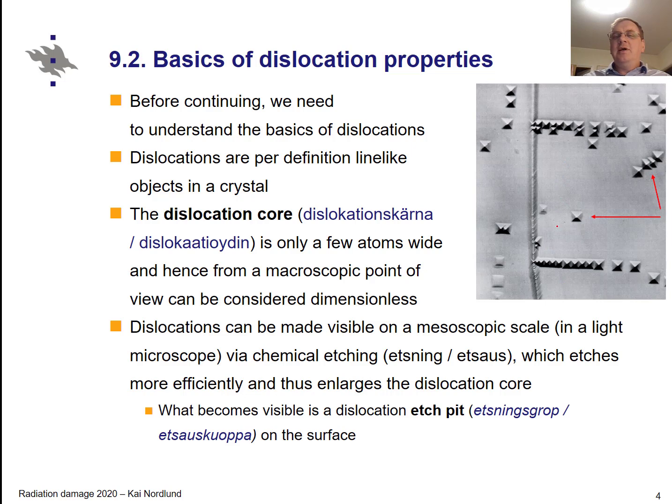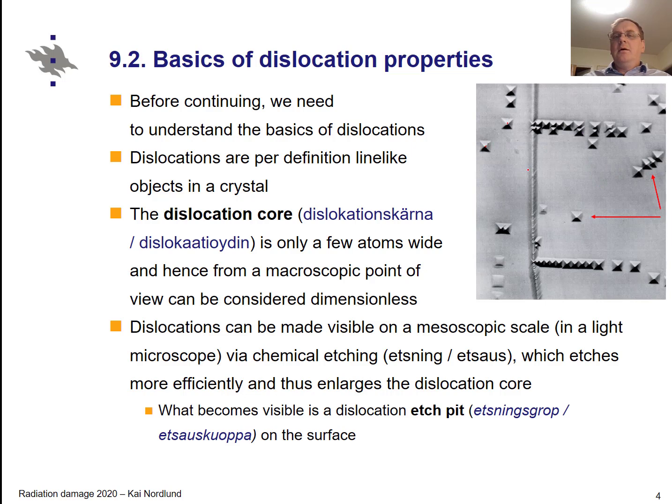So this here is an image of a metal that has been etched, and each pyramid-like feature here shows where a dislocation is. So the dislocation core is at the center, and this etch pit has then formed around it.